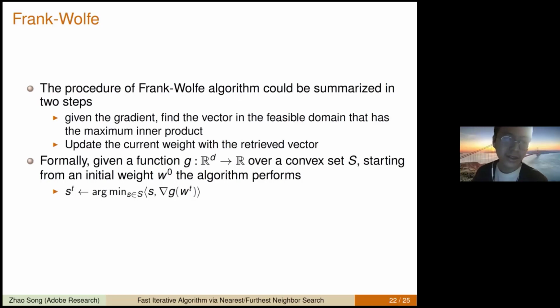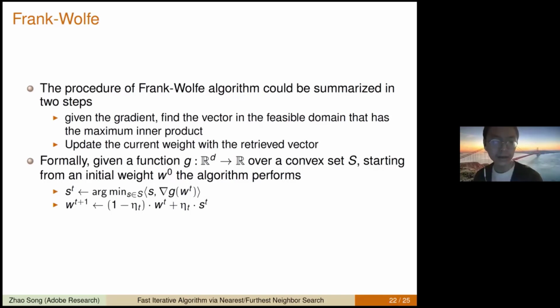And this capital S is a discrete set. Therefore, you can preprocess S and build a data structure for it. And whenever you find some s_t, you just update the weights, and the update time is very cheap. Therefore, you can also get a similar speedup result for the Frank-Wolfe algorithm using this nearest neighbor search data structure. But here, this analysis is easier to handle.